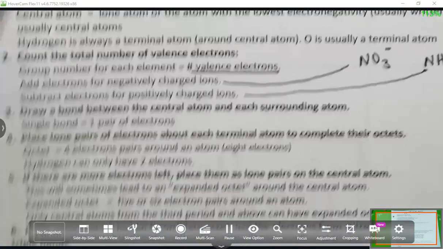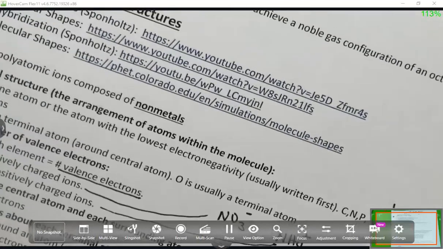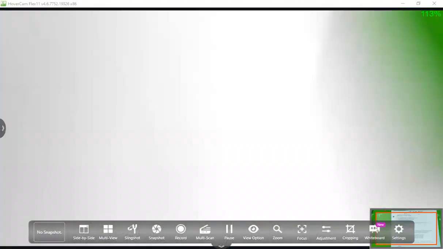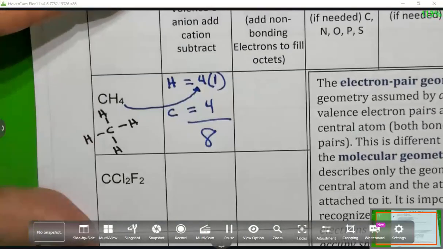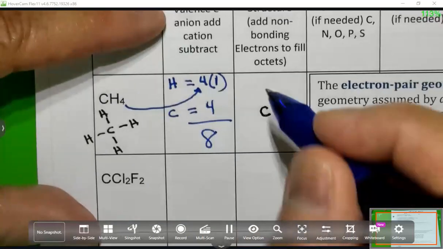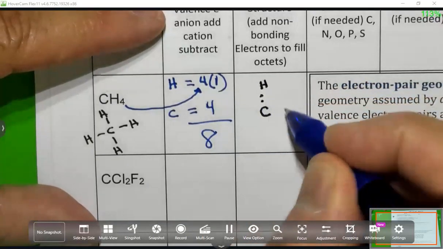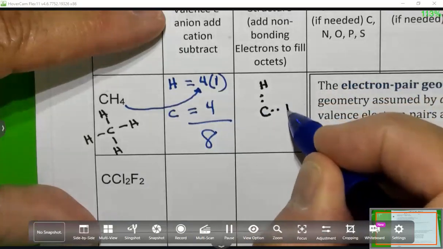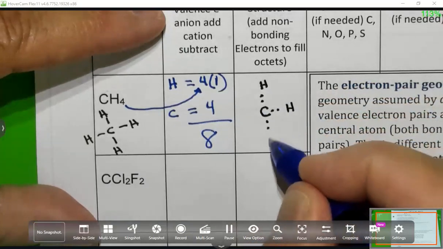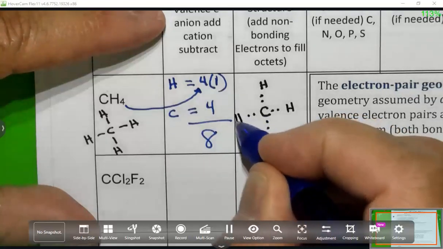Okay, let's do that. A bond is 2 electrons. So I'm going to come in here. I've got a hydrogen. I need a pair of electrons here, a pair of electrons here, a pair of electrons here, and here.